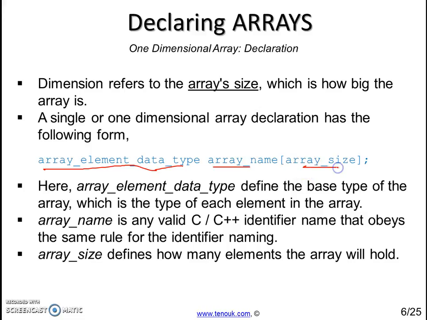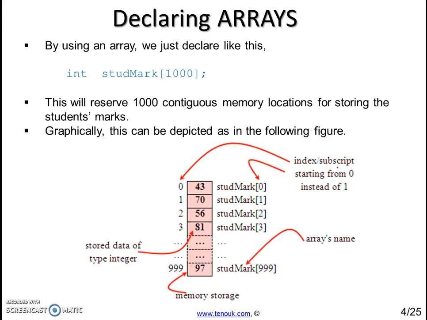Here size specifies how many contiguous locations you want to store in the memory. So as an example, in this C statement we are declaring an array. The name of the array is student marks and 1,000 is the number of locations that we want to reserve.